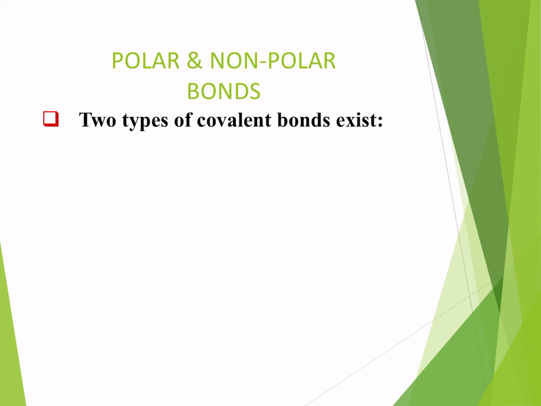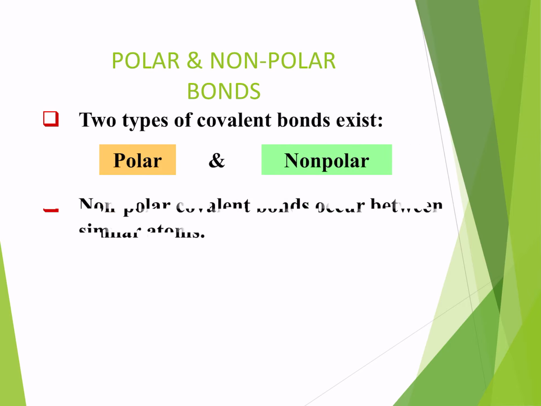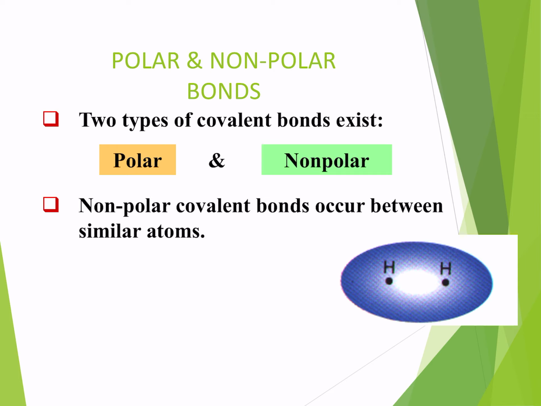So we have two different types of covalent bonds. We have polar bonds and we have non-polar bonds. Non-polar bonds occur between similar atoms. Like here in this molecule, we have two hydrogen atoms being bonded together. Since these atoms are identical, the electrons will be shared equally between these two atoms.